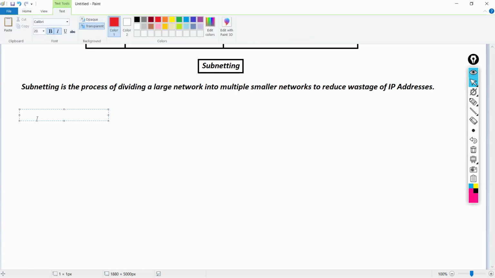Let's say if I go with class A, how many IP addresses do I get in one network? 2 to the power 24, which is somewhere around this many. In case of class B, how many IP addresses do I get in a network? 2 to the power 16.